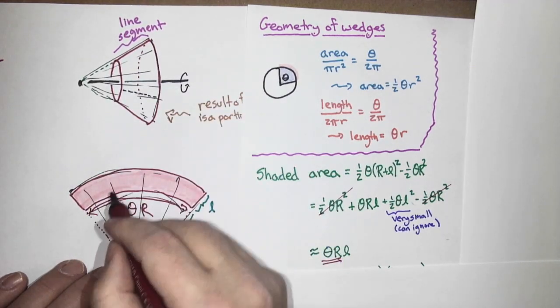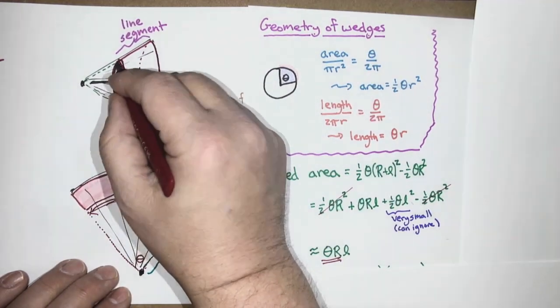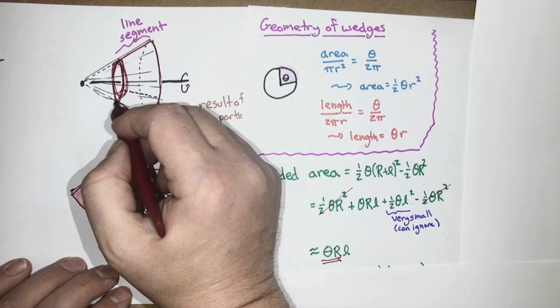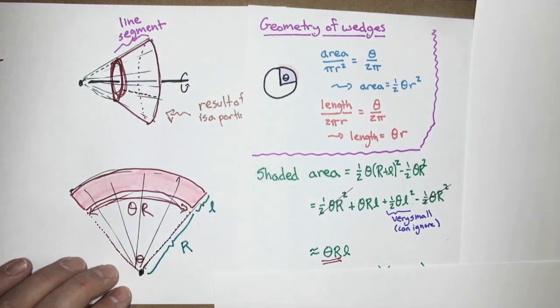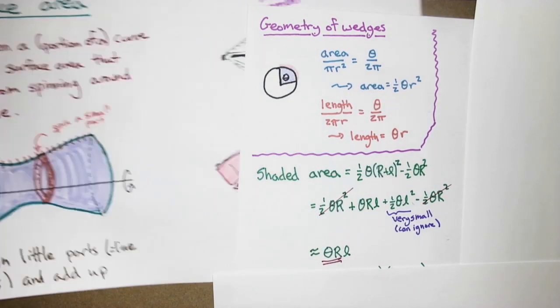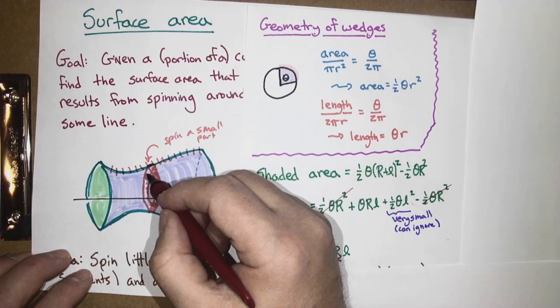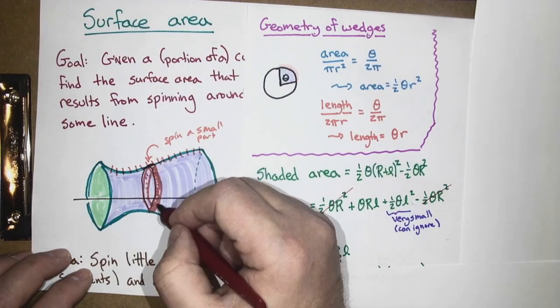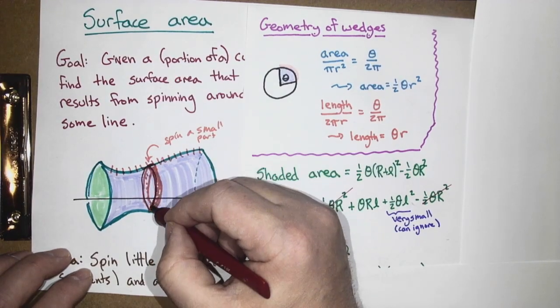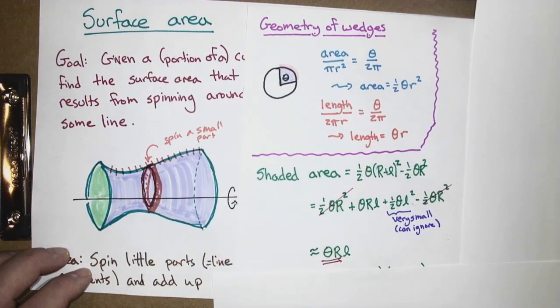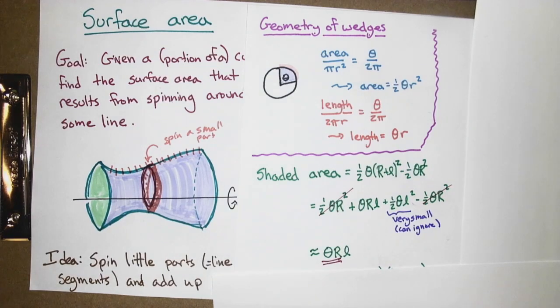This part here is coming from this inner portion. Now, this is blown up. Keep in mind that when we get to the actual spinning, these are so close that they're essentially the same. So what am I measuring here when I'm looking at this theta r? What is this capturing?